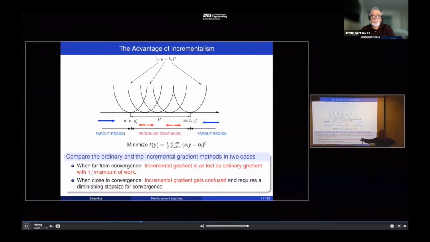You have all these functions whose minima lie in a certain area, this region of confusion. If you're far away, you pick one of those functions, you'd be moving in the right direction as the ordinary gradient. So the dimension here does not matter all that much. You can play with this example with dimension 2 or higher, and you'll see that the same kind of phenomenon can be observed.